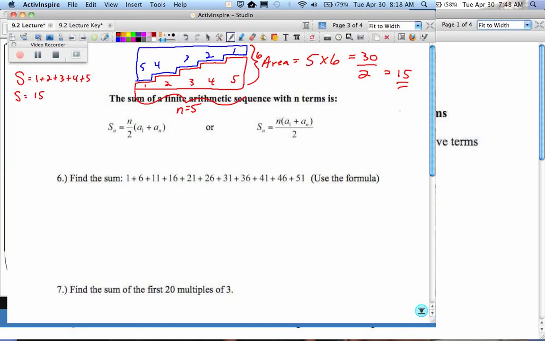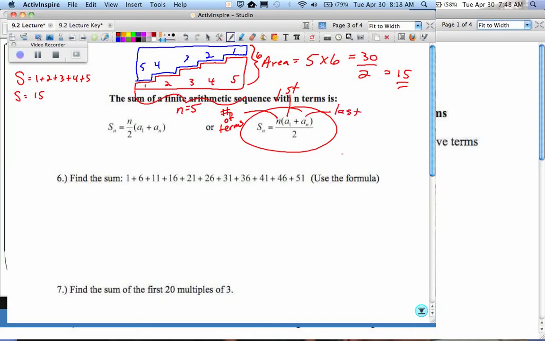So the formula that we're going to use, and this is on your formula sheet, is right here. Let's do this. N stands for the number of terms. How many terms do you want me to add up? A sub 1 is the first term, and A sub n is the last.